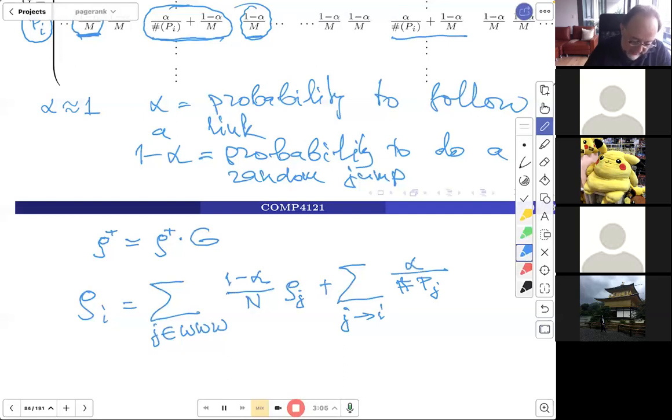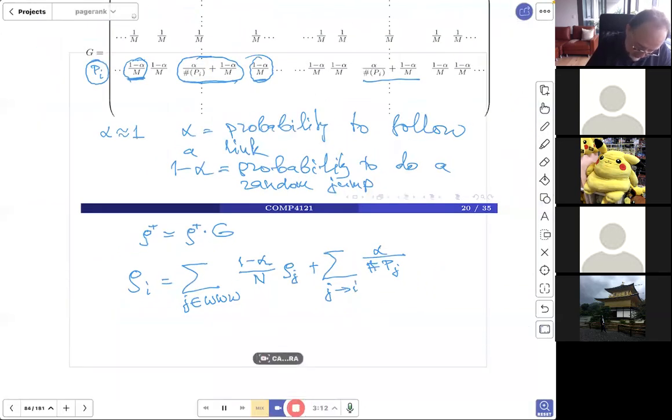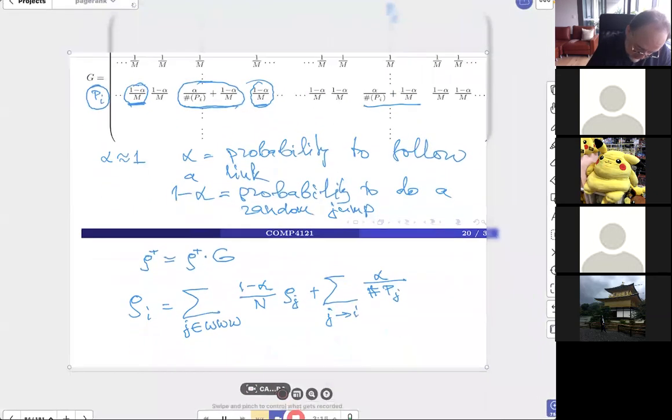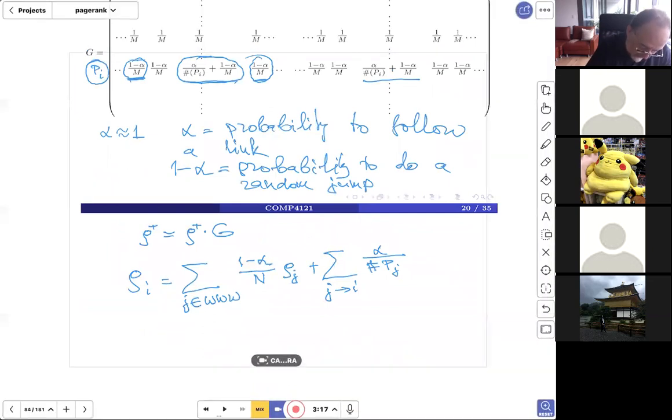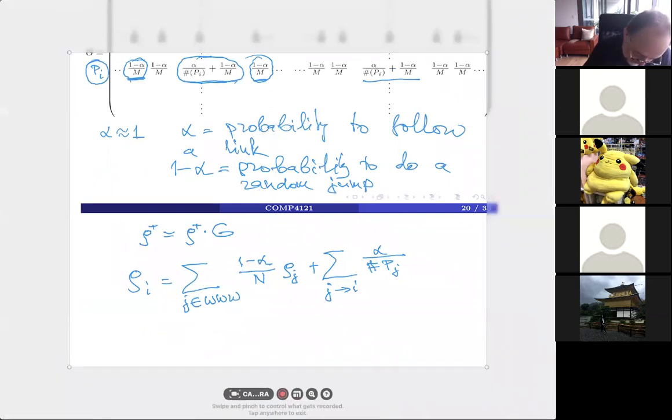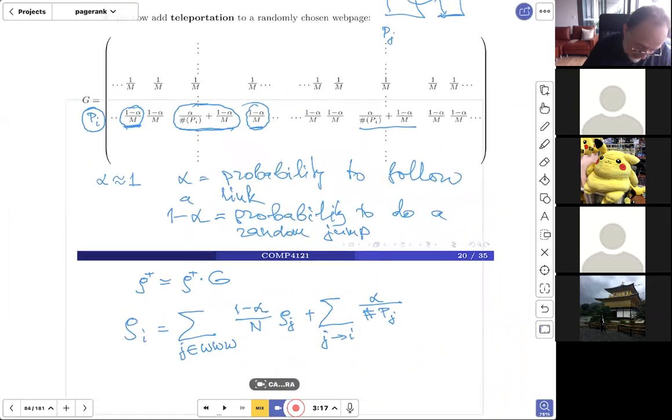Now if you multiply this vector, because now you are multiplying rows. You are multiplying rows.